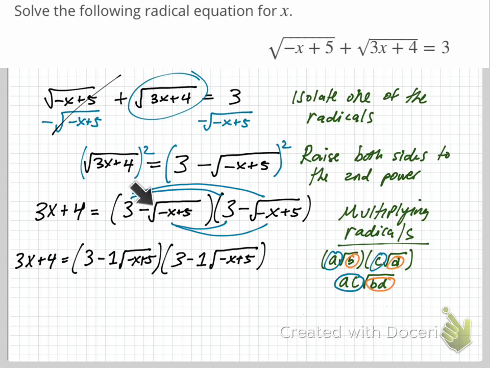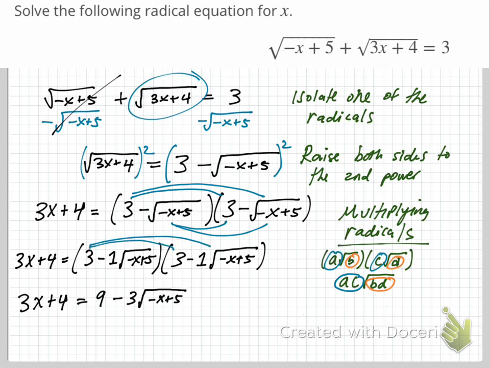Now what I want you guys to notice is that here we just have like a minus square root. Think of when you guys are doing minus x, you can rewrite it as minus 1x. So I'm going to do that here on purpose so that I see what's outside my radical, kind of like my a here that's outside my radical symbol.